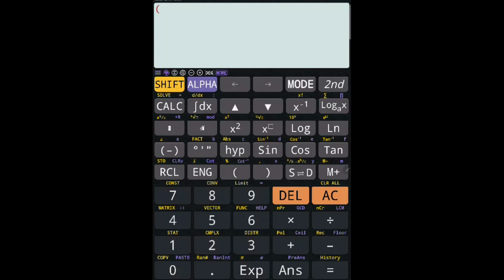Remember that our answer is 2, so you can press answer on your calculator, and then plug in 2 there, then go minus, and then create that particular function. Remember that the first equation that we get is our function. In this case, our function, if we remember very well, is x cubed.